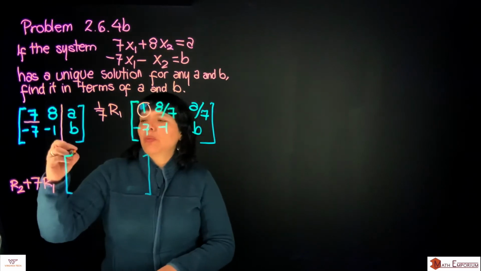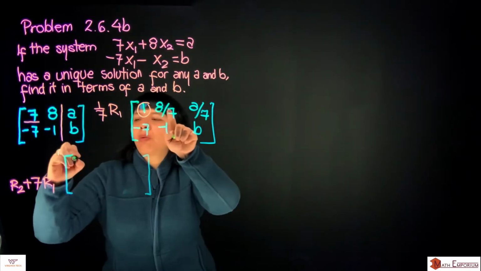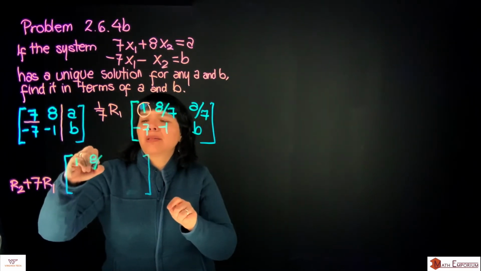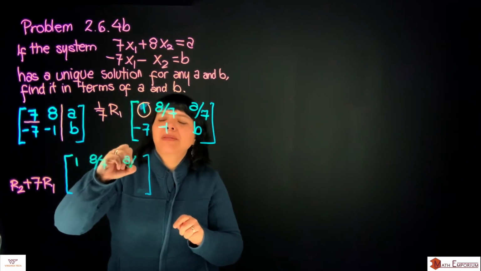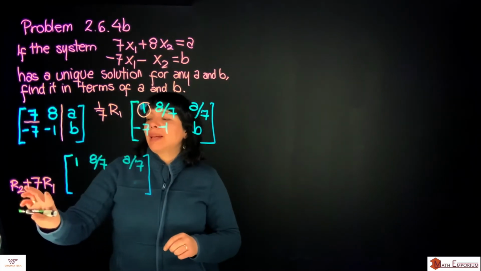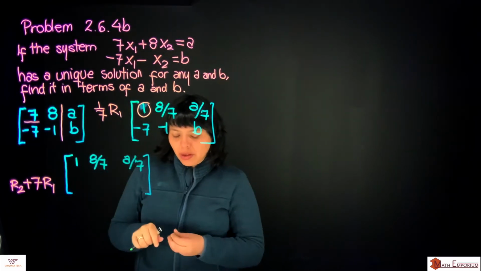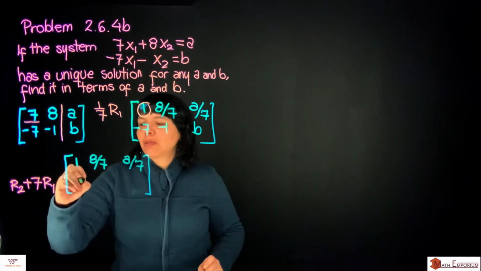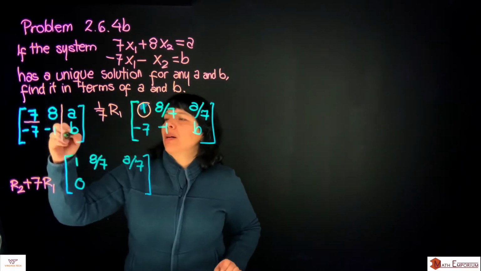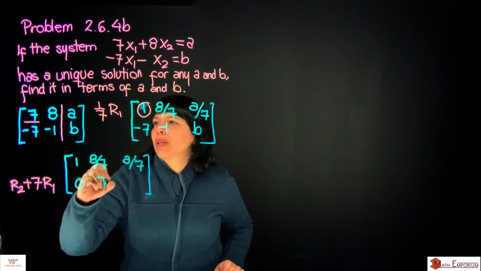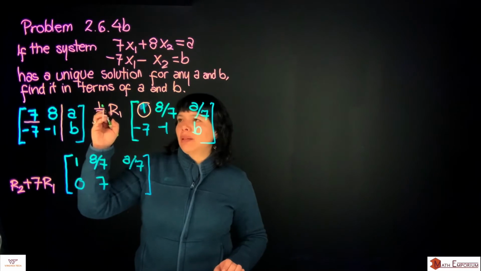So we still have 1, 8 sevenths, and a over 7. And this operation is basically adding these two, right? So what we get is 0, 7, and a plus b.